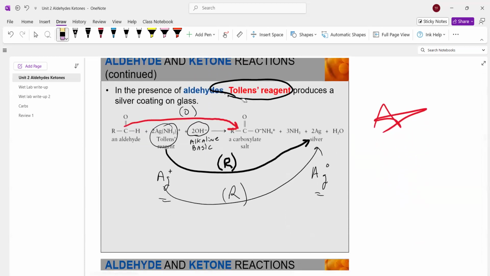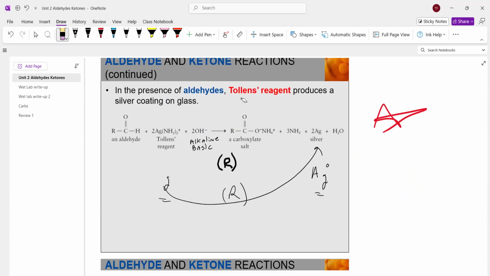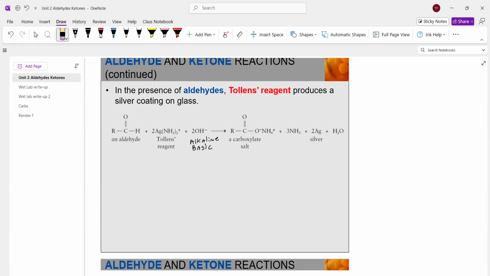Okay, so let me clear this up. And you definitely will need to know this reaction, because we'll be using this reaction for both carbs and aldehydes and ketones. Okay, Tollens test involves this silver cation, Ag+.